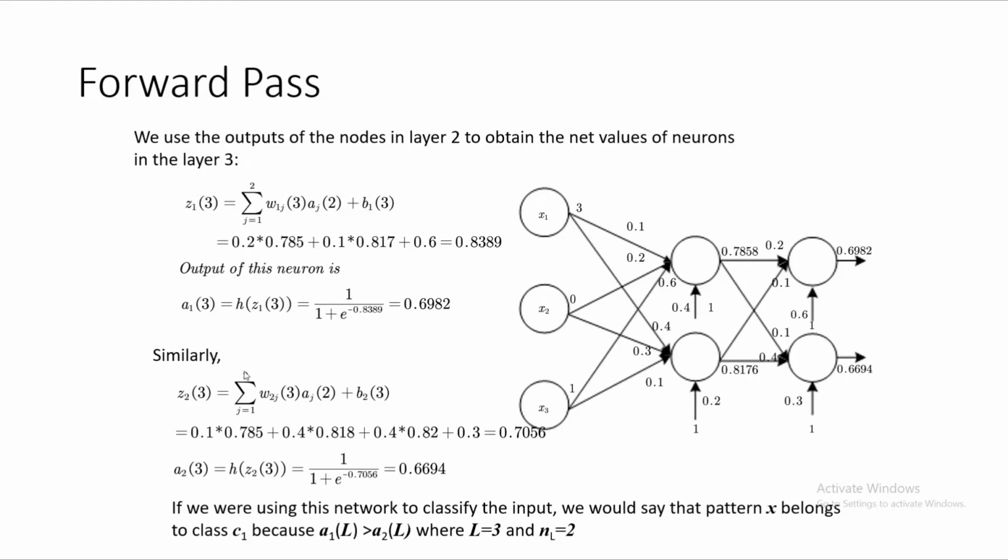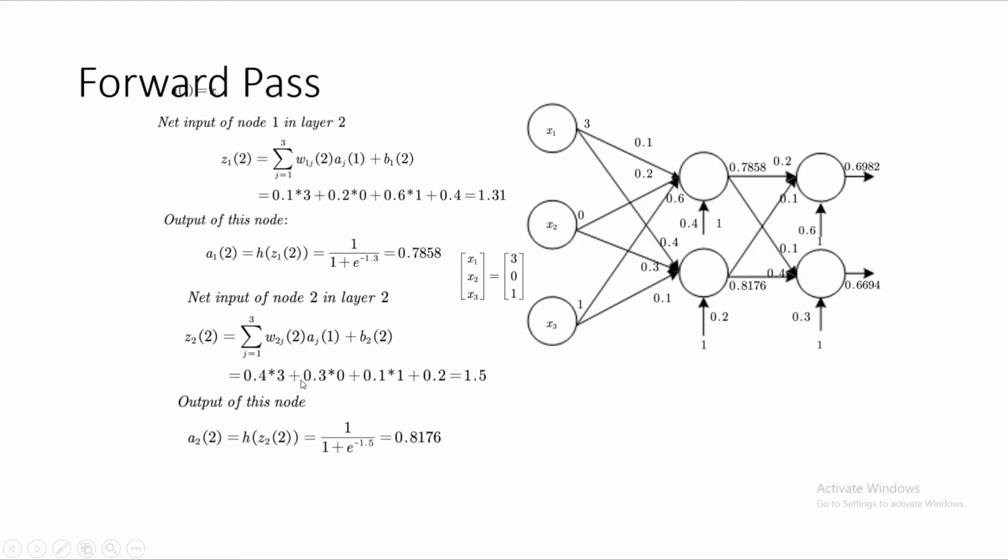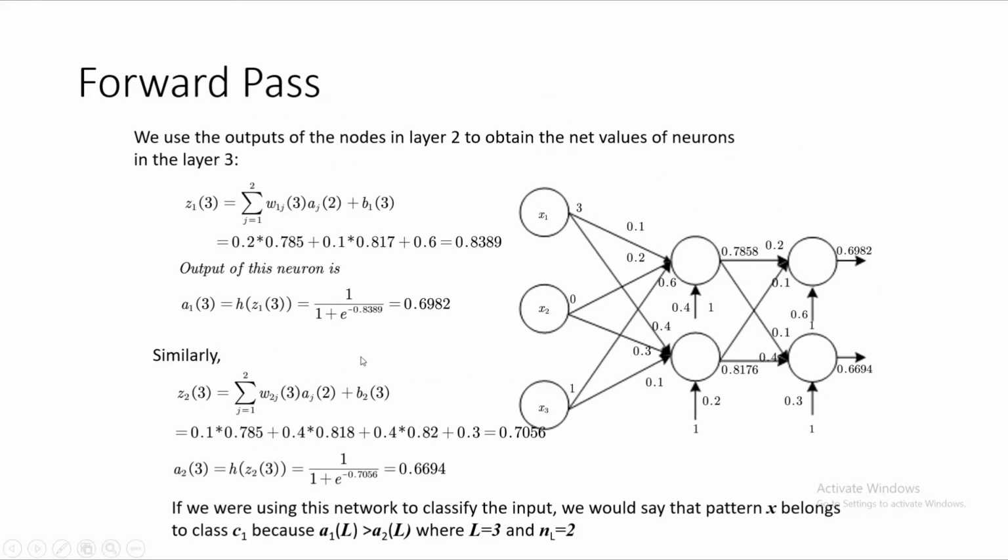First we estimate the net input, and similarly we estimate the output value of the first node and the output value of the second node, or second neuron.